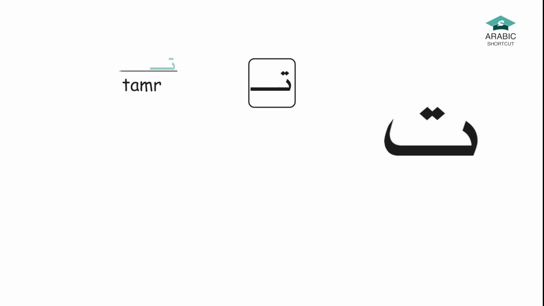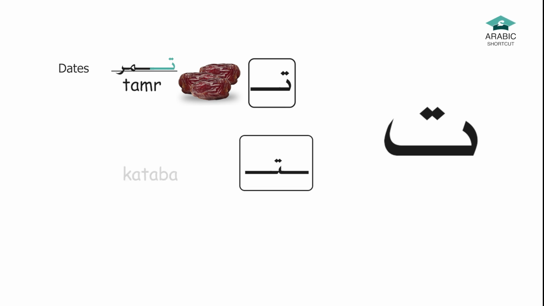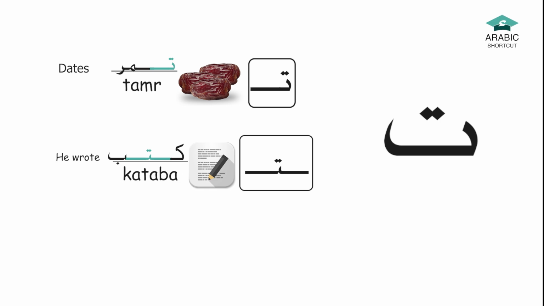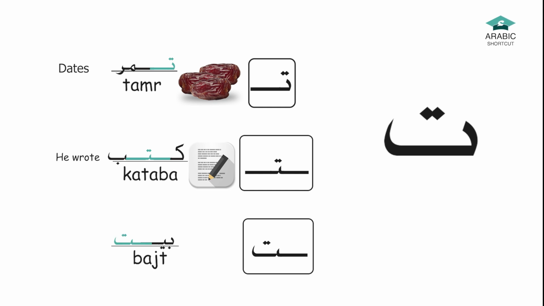Tamr means date. Kataba means he wrote. Bait means house.